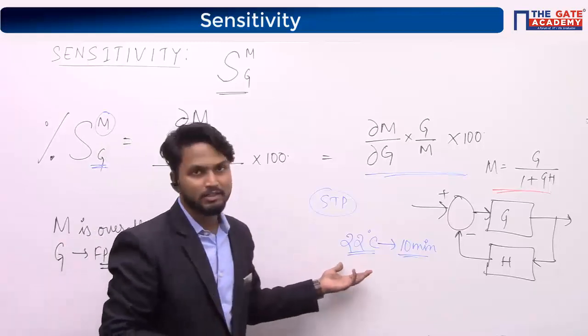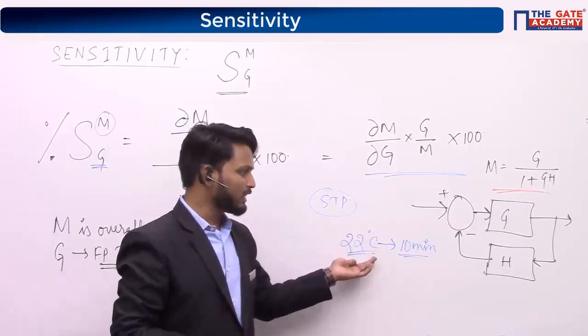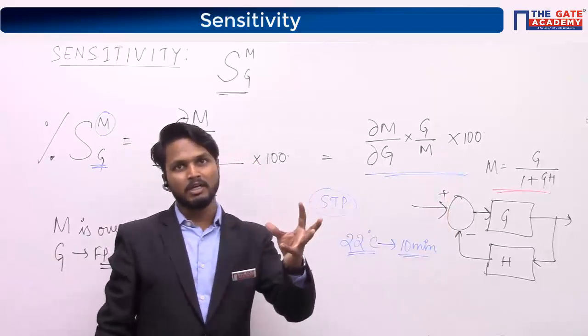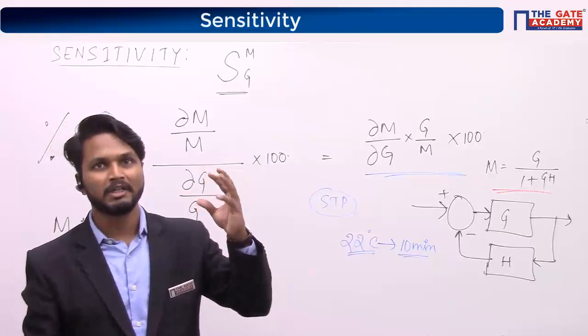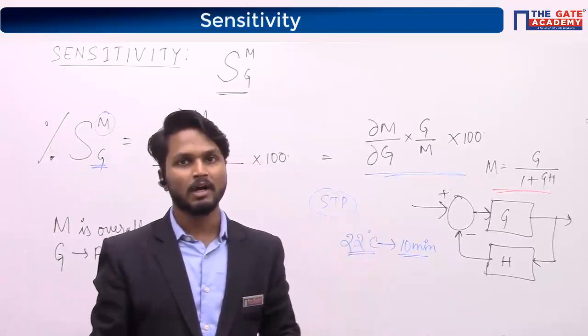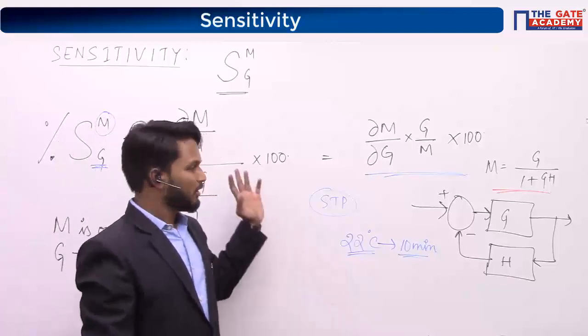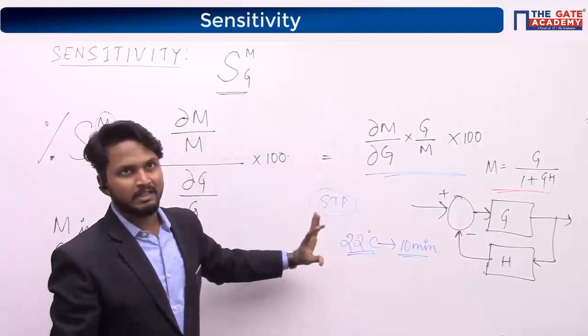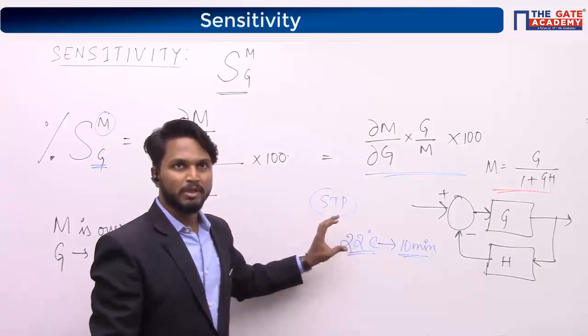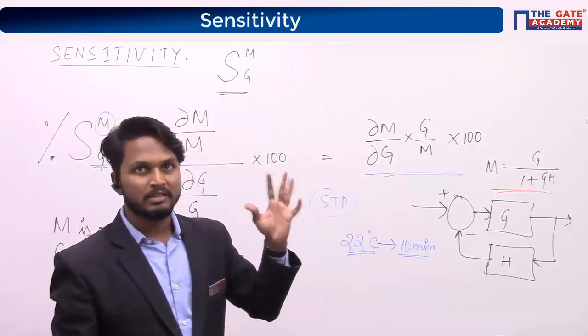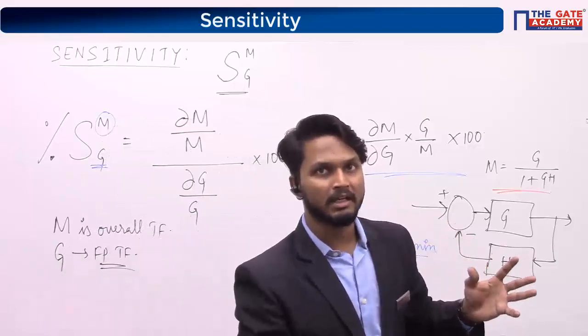After 1 year, or else let us say after 10 years, will your AC bring the room temperature to 22 degrees centigrade in 10 minutes itself? Is it possible after 10 years?